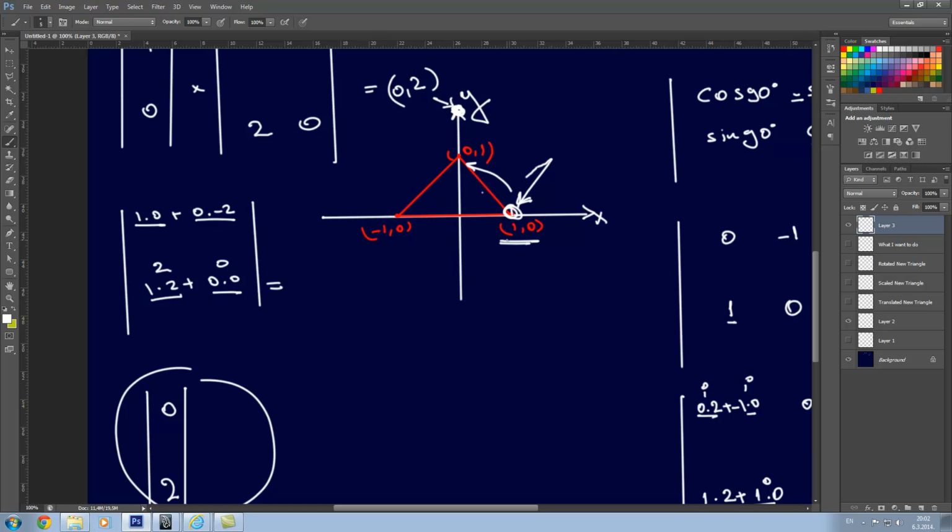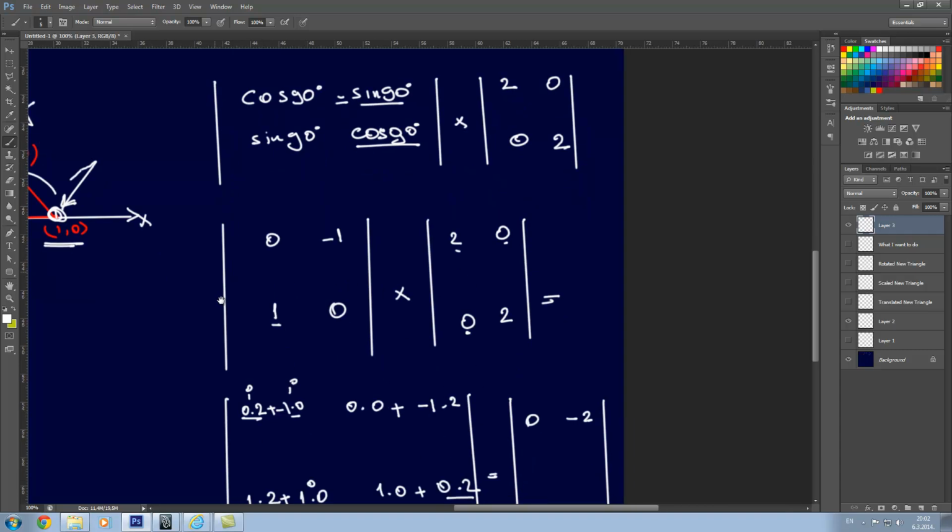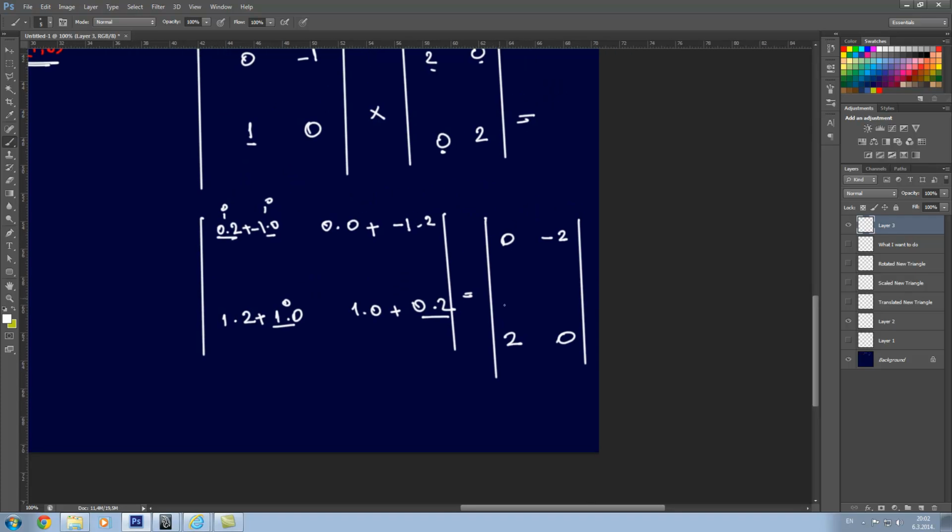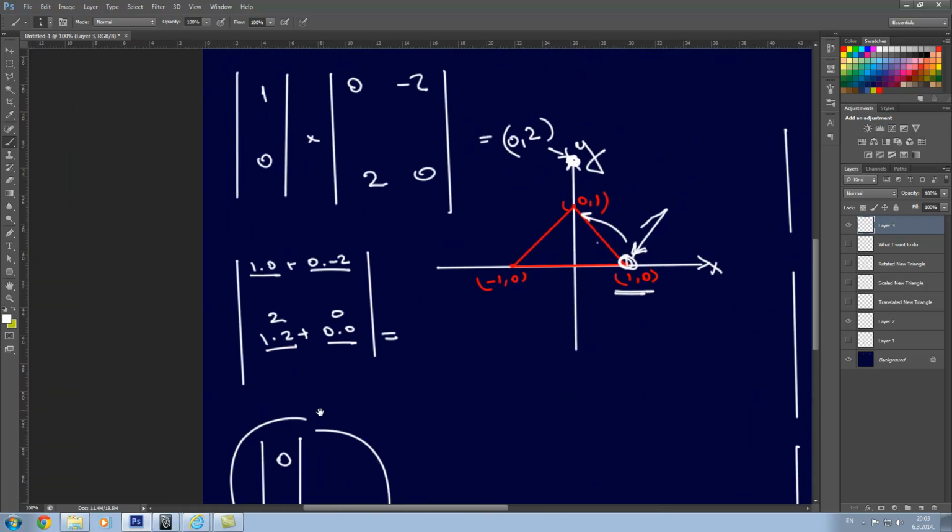So in one shot, you scaled and you rotated your 3D object. And all this is achieved by just a simple multiplication of two matrices. So I took two matrices, I multiplied them, and I merged their results together.